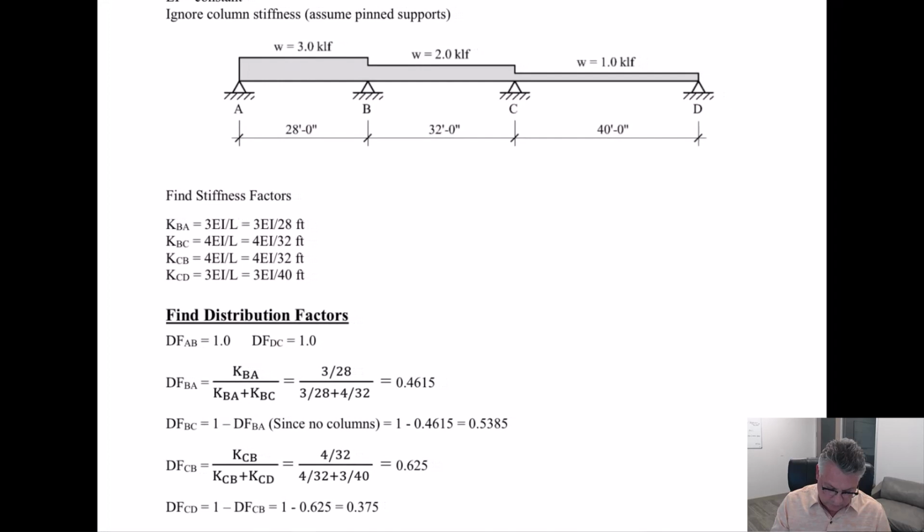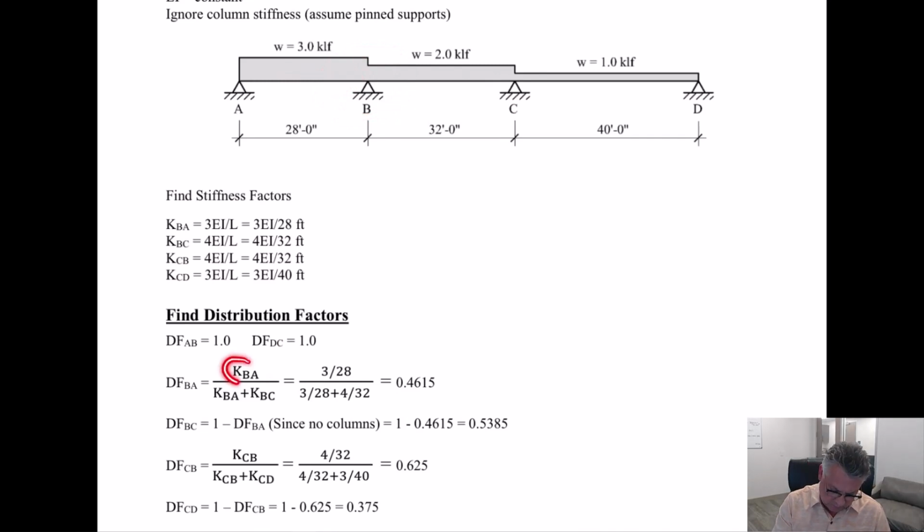So if I want to know what percentage goes on the B to A side, I look at the stiffness of B to A, divided by the stiffness of B to A plus B to C. So this beam has a stiffness, this beam has a stiffness. If I want to know the proportion that this beam is going to take, I take its stiffness divided by the sum of all the stiffnesses going into that joint.